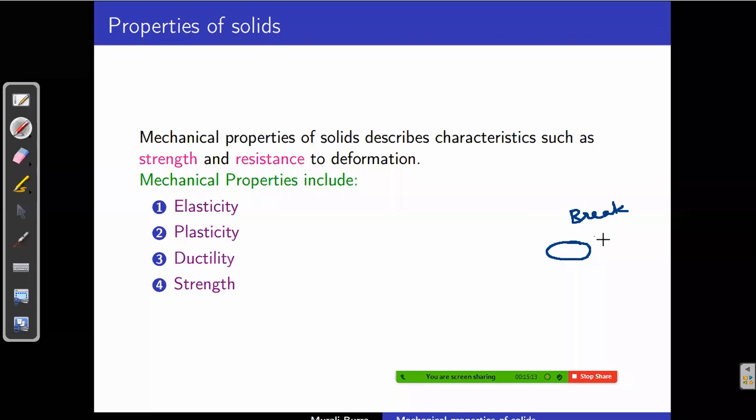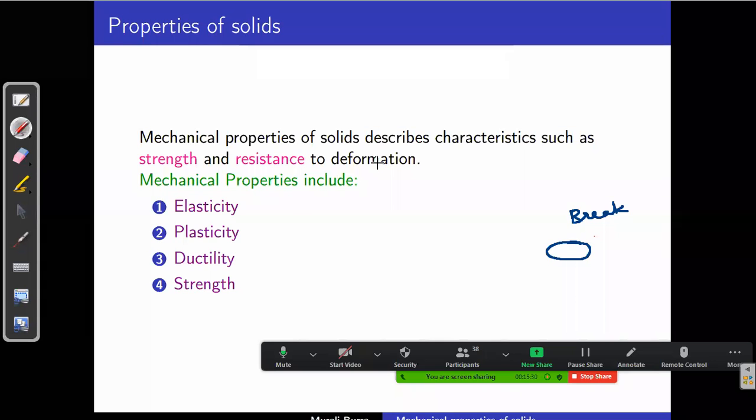Such a property existing in this material we call plasticity. So plasticity does not exist only for plastic materials, don't think that way. For all the materials which can break, those can be called plastic materials according to our chapter.